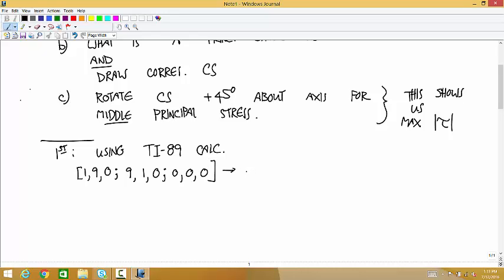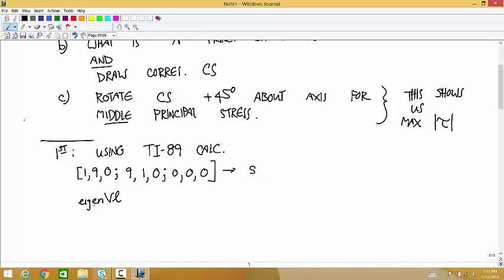Let's call that S for stress or sigma. And now go use the command, I think it's eigenVL.